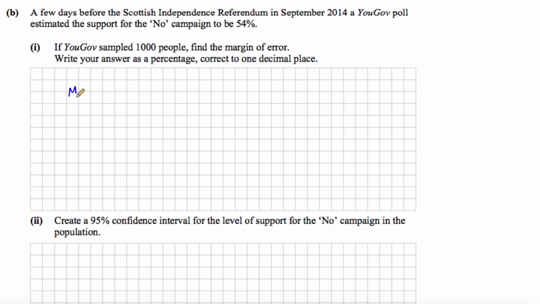Okay, well, the margin of error, or MOE, the formula for that, which you should know off by heart, is 1 over root n, where n is the number of people who are sampled. So that's going to be 1 over the square root of 1,000.